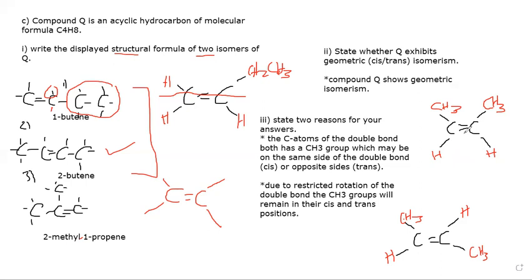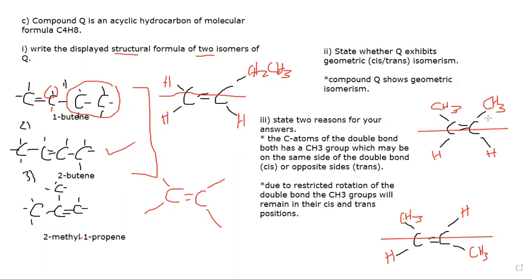The reason why that is so is because if you want to get cis isomerism, those 2 groups, in this case the 2 methyl groups, are on the same side of the double bond. And if you want the trans, those same groups must be on opposite sides of the double bond.